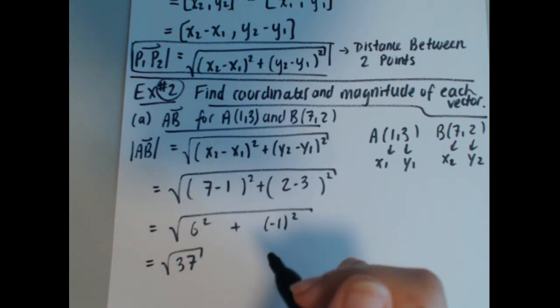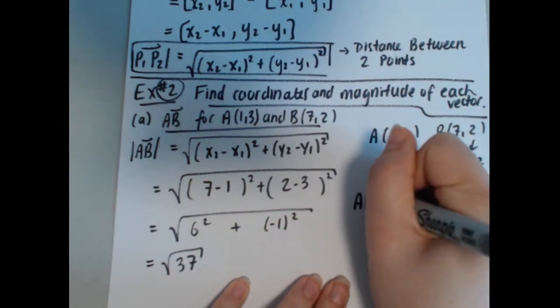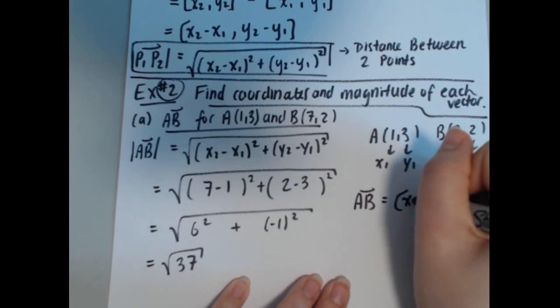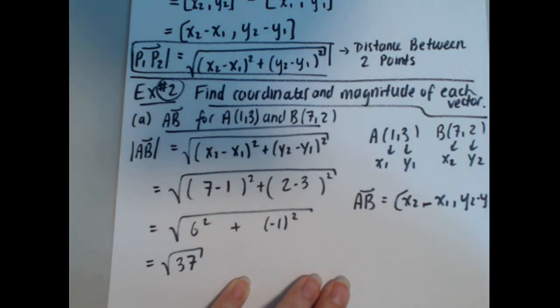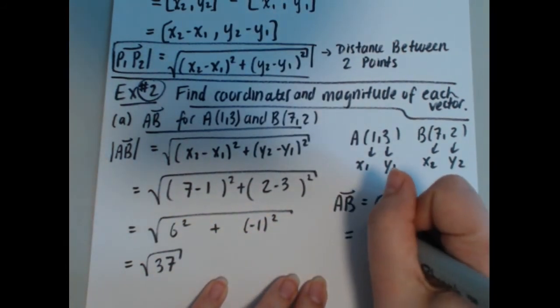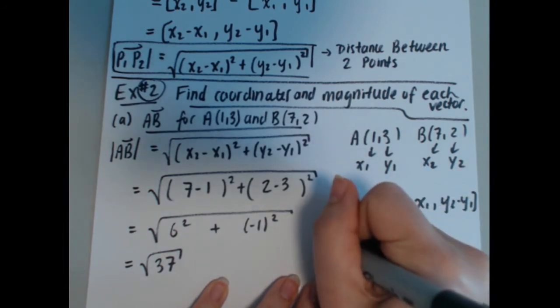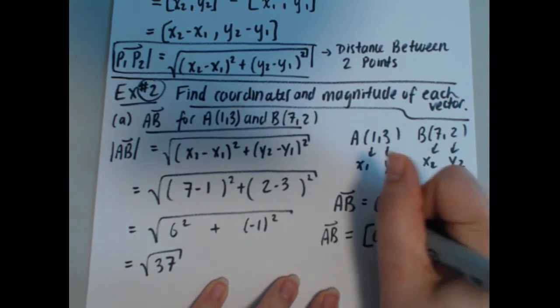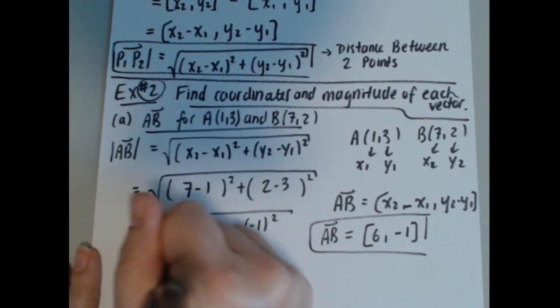The coordinates of the vector, we can actually do like this. AB is just x2 minus x1, comma, y2 minus y1. Since we already figured out what those values were, they're 6 and negative 1. So we just have (6, negative 1). This is the vector, and there's the magnitude.